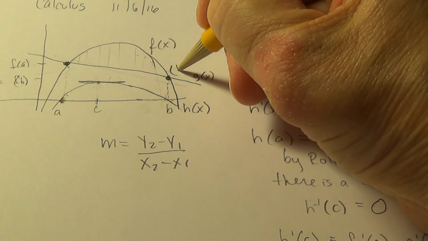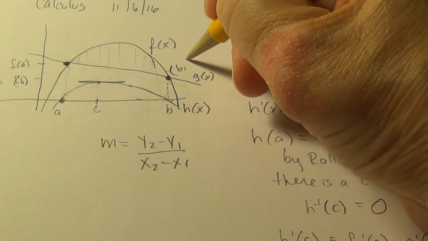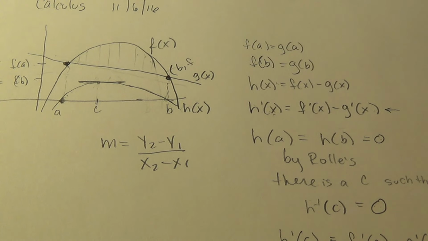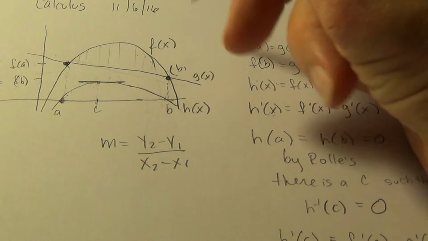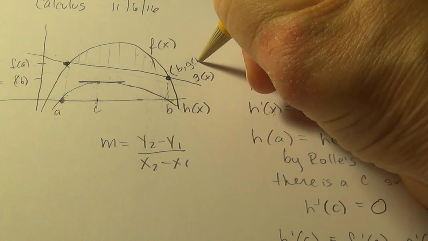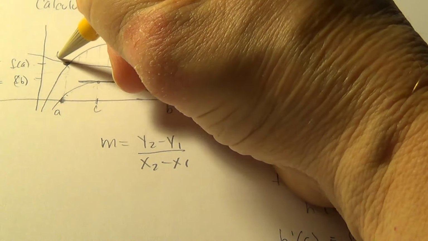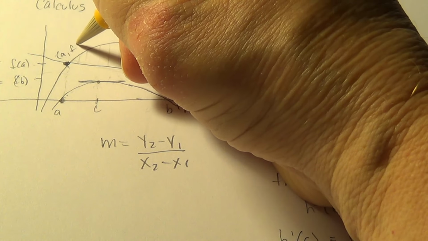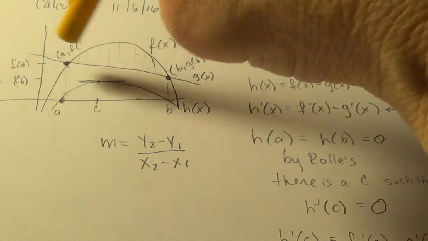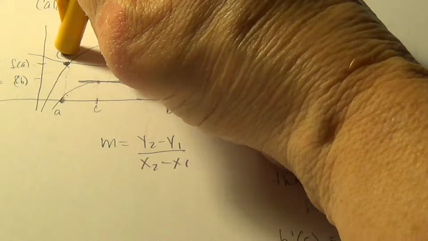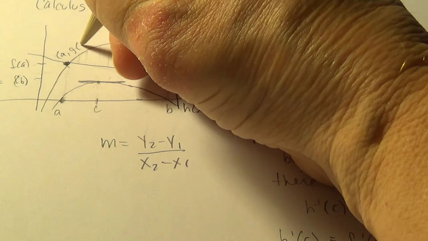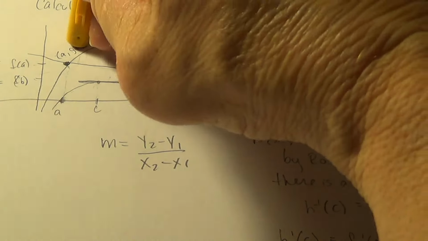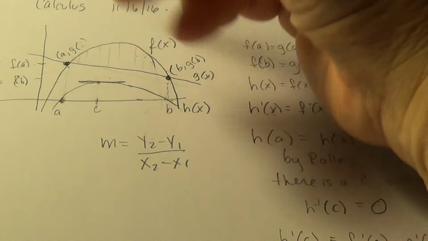This is b and g of b. We're on the graph G here. And this is A, and its y value is, why do I keep doing F? G. G is this straight line I called G. G of A. All right.